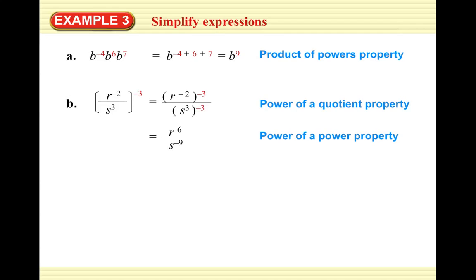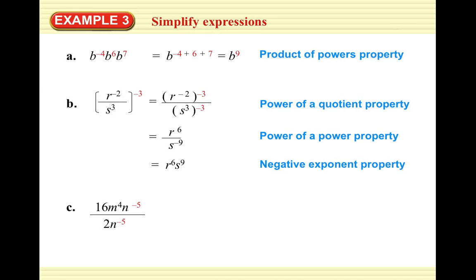So -2 times -3, and then 3 times 3. And then my negative exponent property means that if it's negative in the denominator, it becomes positive in the numerator. So I'm going to move it up to the numerator, and then r to the 6th was already positive. So we are now simplified.